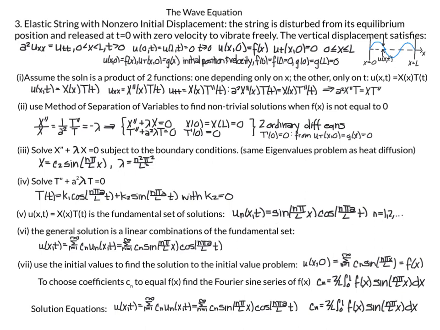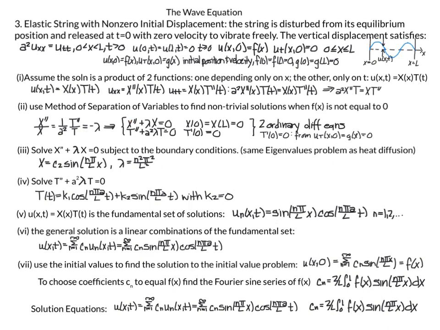Then, much like we did for heat conduction, and we're going to go over each of these steps in more detail, but I just want to give you an overview. Just like heat conduction, we're going to use the method of separation of variables. So I'm going to gather all my x variables on one side and all my time variables on the other, and we'll see that it's equal to a constant.